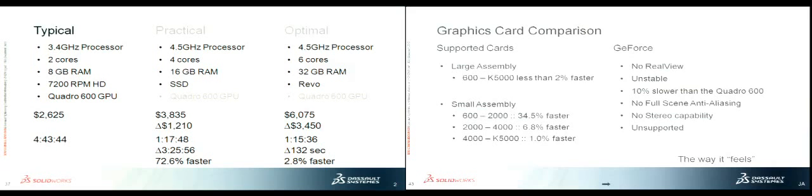And the fact that it reacts differently for different size assemblies is just more to study at a later date as we go forward with our testing and our research. But the bottom line there, the way it feels, is something I want to make sure everybody understands as well, because performance in a graphics card is not only measured in how fast it can get from point A to point B, which is generally what we're testing with the way we run our test runs.